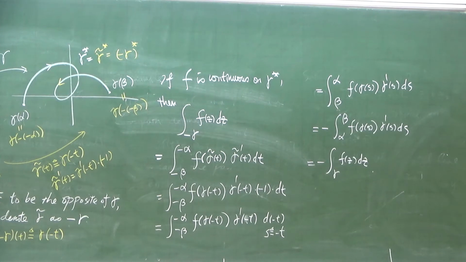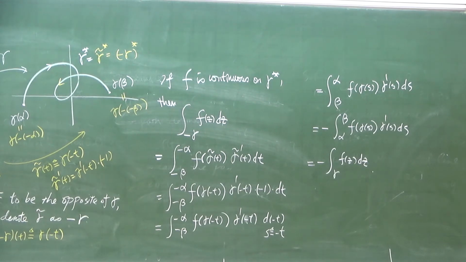Because the path is closed, we usually put a circle on the line integral sign. It's a convention to indicate that this path is a closed path. So we evaluate this line integral, where f of z is 1 over z, and it's well defined because the unit circle does not pass through the origin.